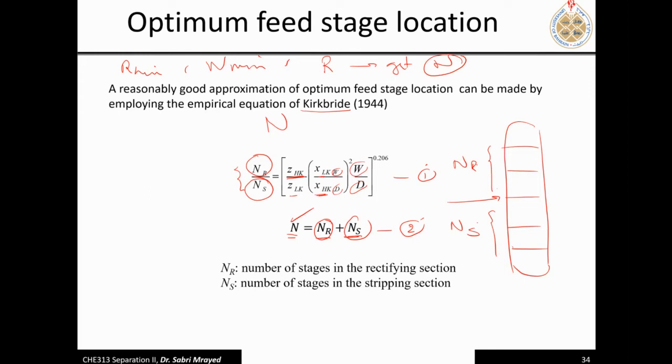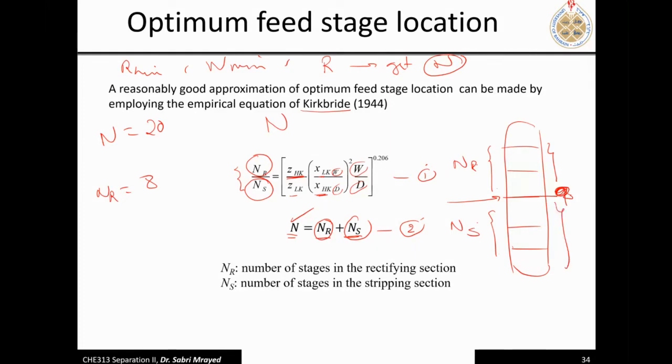Okay? So, for example, let's say you found the number of stages from the previous correlation to be 20. And then you calculated NR to be 8. So that means you're going to have 8 here. So your feed stage is going to be 8 or 9, let's say 9.